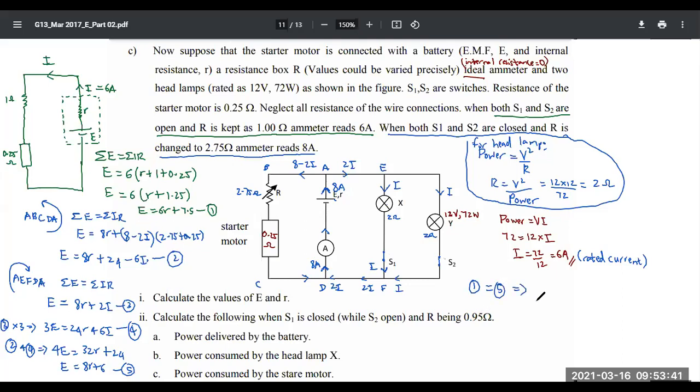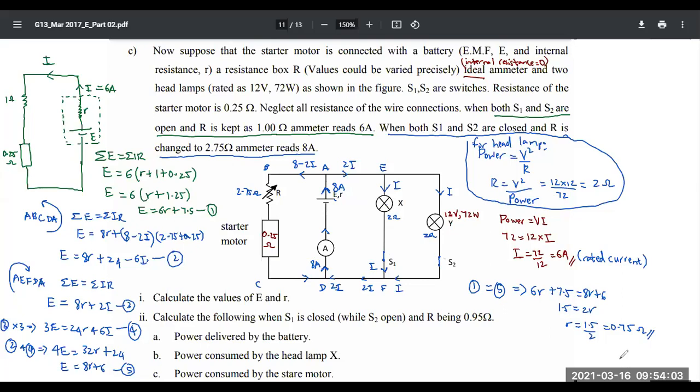When you equate 1 and 5, you will be getting 6 simple R plus 7.5 equals 8R plus 6. Therefore, 1.5 is equal to 2 simple R. Therefore, simple R is equal to 1.5 over 2, 0.75 ohm.